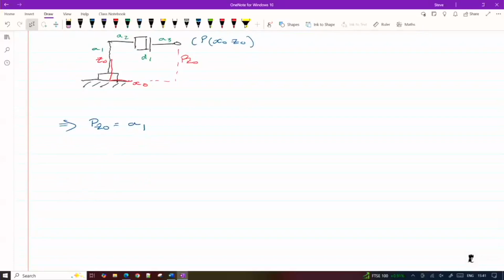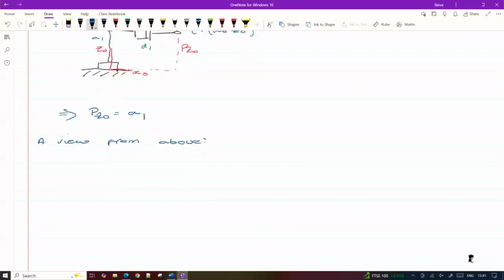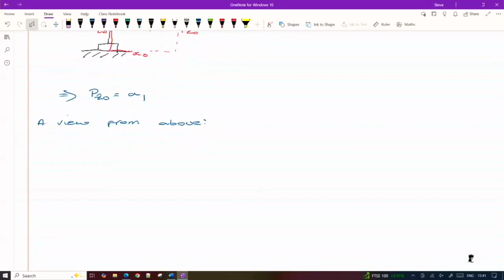There's no variation vertically, so nothing can change there. So we then go to a view from above. And this comment I'm going to make now is crucial when doing this.